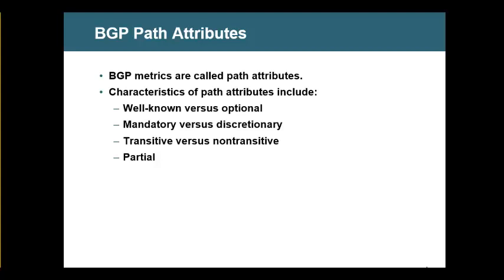In that, a few are mandatory. If not present, it's not considered a BGP update. So when I receive an update, those attributes which are meant as mandatory should be there. Otherwise that update is null and void.